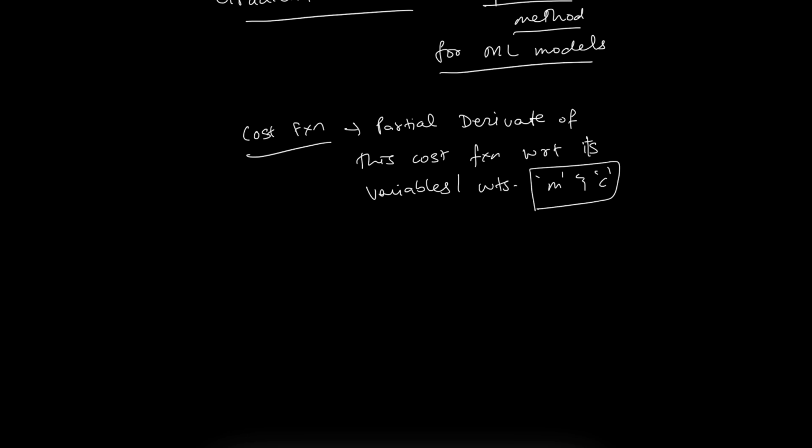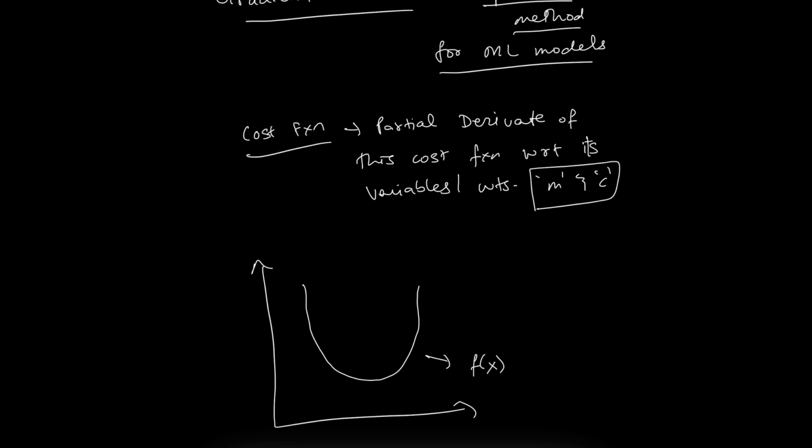And gradient descent basically takes this cost function and calculates the partial derivative, right? And let's say our cost function is something like this. So this is a 2D plane, this is our cost function. What gradient descent does visually is, first we initialize a random point for these m and c values, which is slope and bias, right?